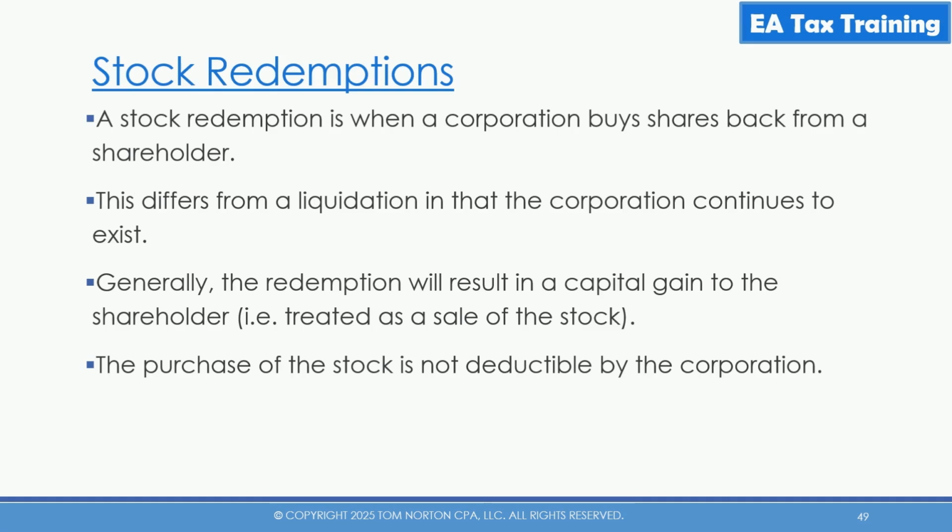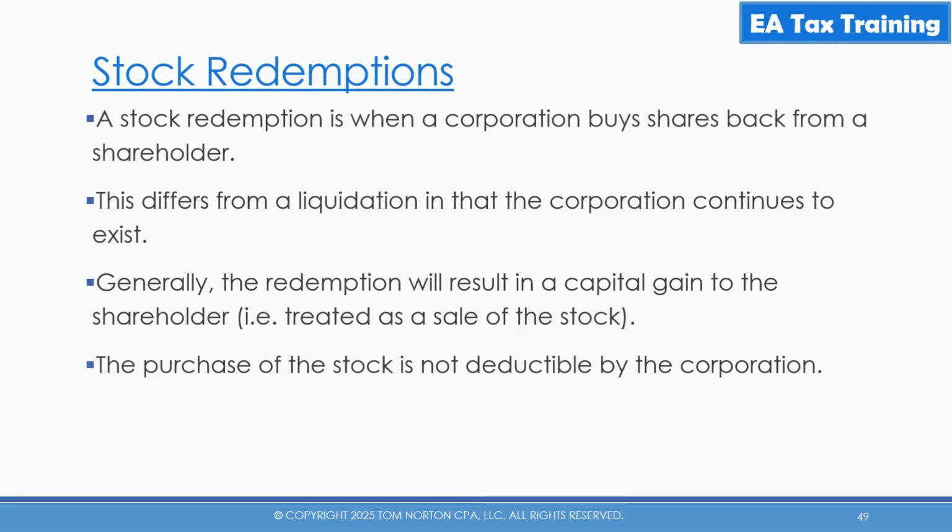Stock redemptions. A stock redemption is when a corporation buys shares back from a shareholder. It differs from a liquidation in that the corporation is going to continue to exist. Generally, that redemption will result in a capital gain to the shareholder. It's treated as a sale of the stock to the corporation. So the shareholders got some stock. The corporation is paying them some money or giving them some property.